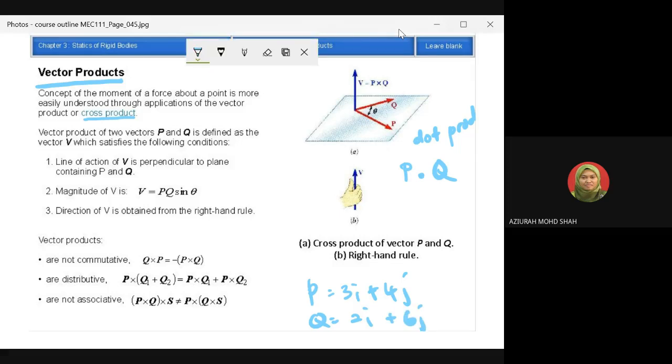Maksudnya kita simply darab saja. 3 darab dengan 2, 4 darab dengan 6. Itu adalah dot product. For cross product, you cannot simply multiply these two vector.